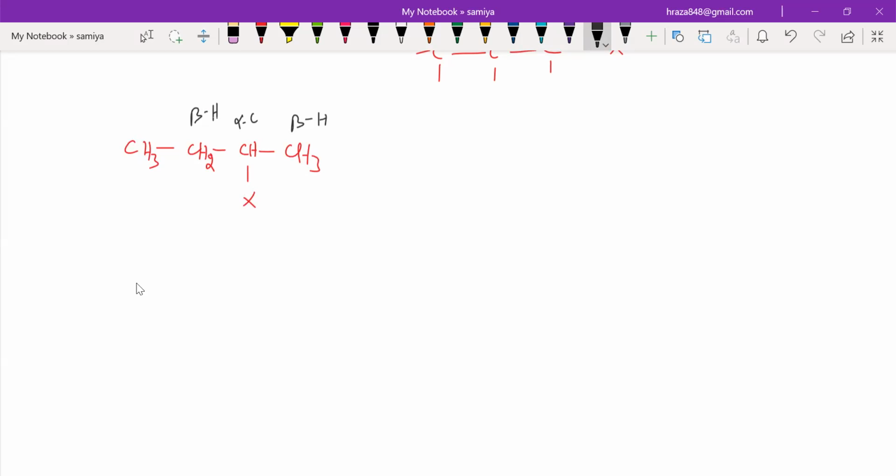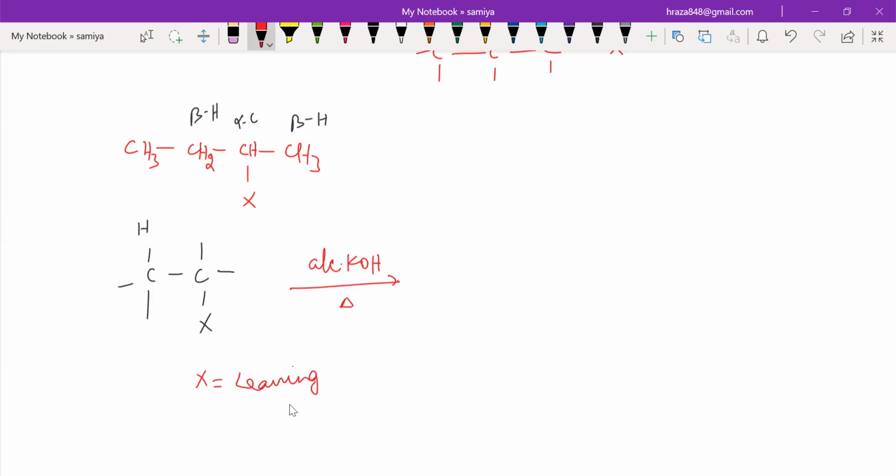So if I take a general example for this reaction, X is here, and this is hydrogen. There will be alcoholic KOH, and you are going to heat it. X is the leaving group. What will happen here? X will take the electron from carbon and leave.